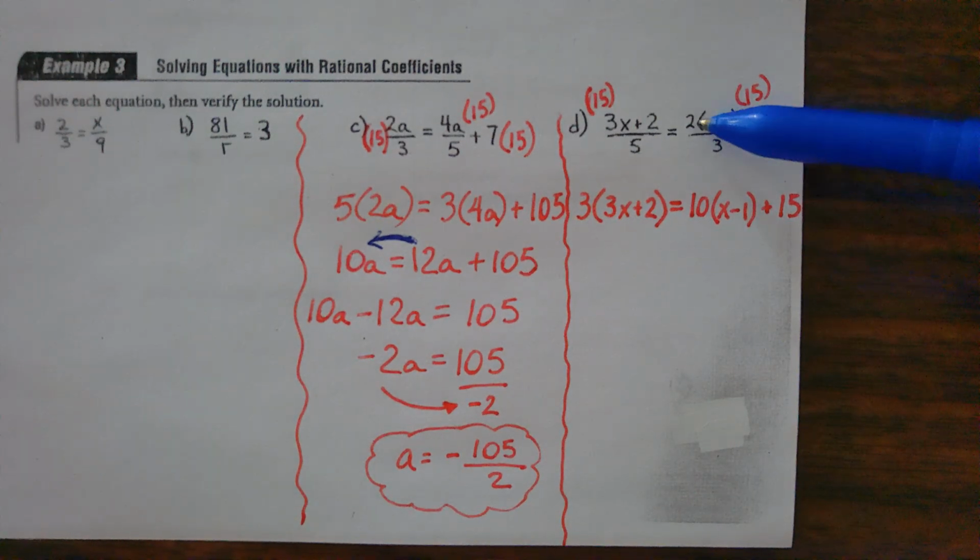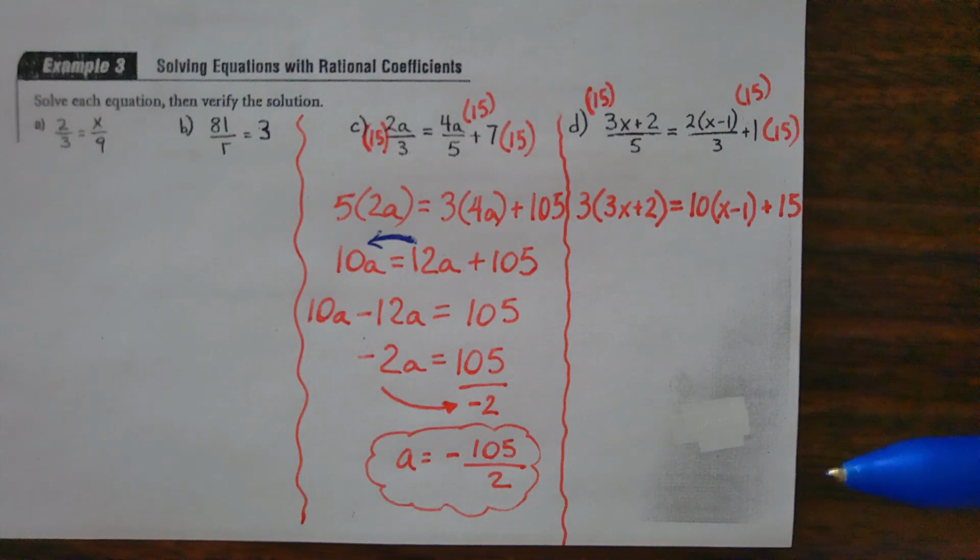You could write 5 and then bracket 2 times x minus 1. I just combined that together. And then 15 times 1 is just the 15. So just like that, no more fraction. It looks much nicer.